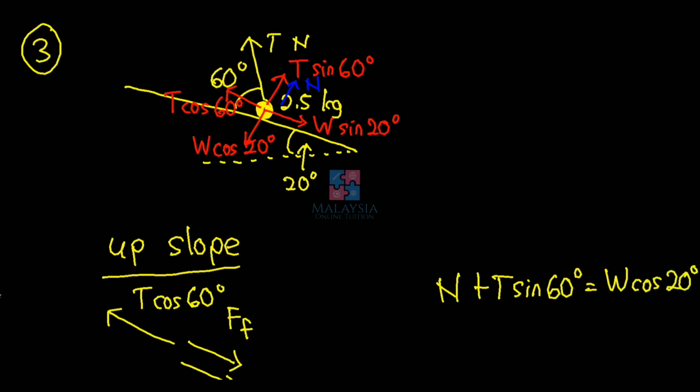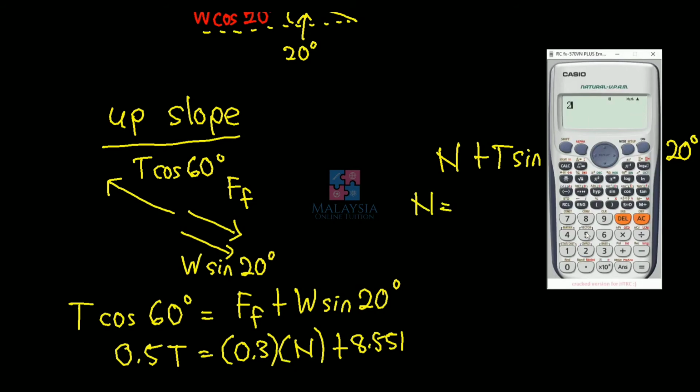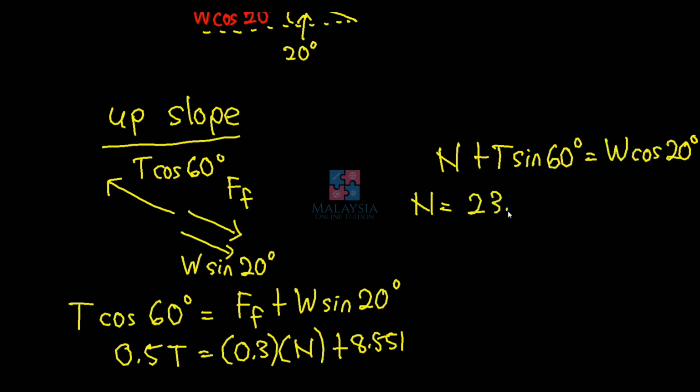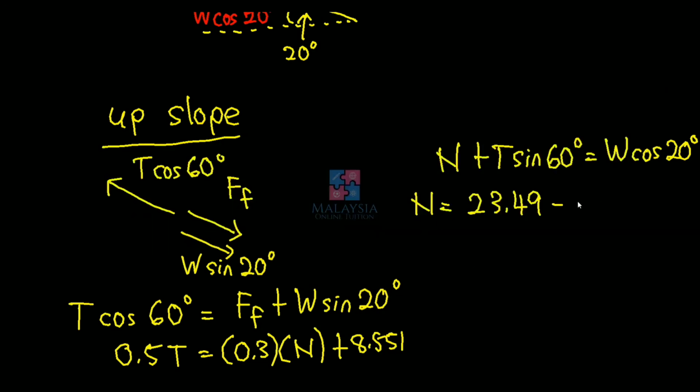Since we want N, N equals W cos 20, that will be 25 cos 20 degrees, and that will be 23.49, so 23.49 minus T sine 60. Sine 60 degrees will be root 3 over 2, so root 3 over 2 T. Let's just use the exact value.